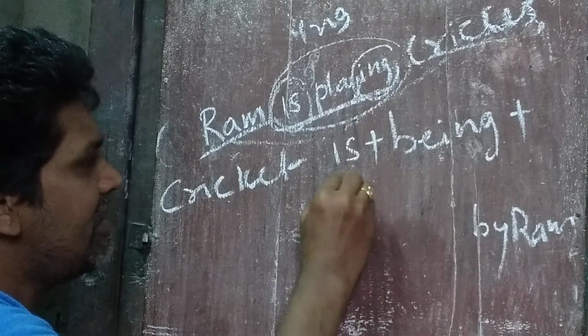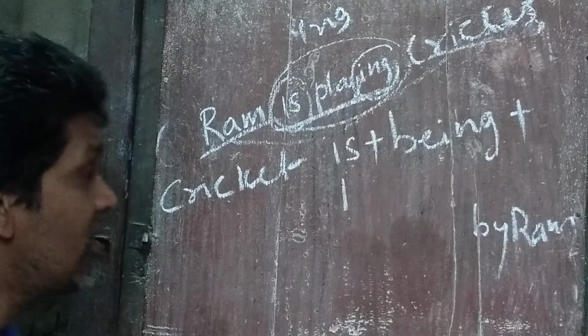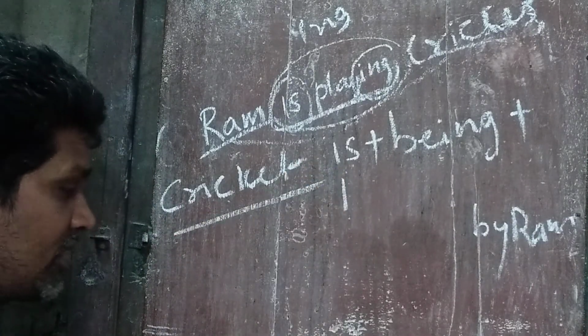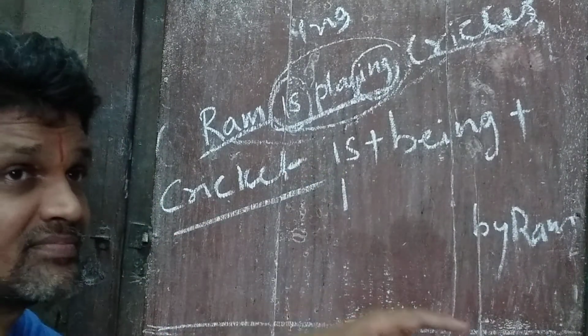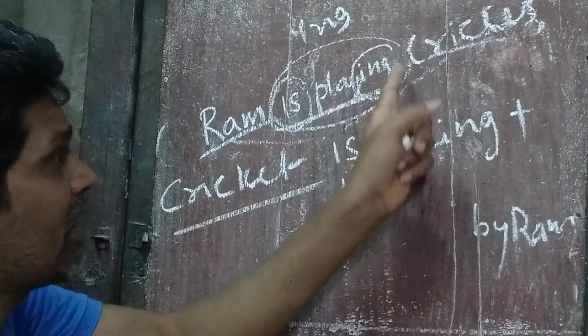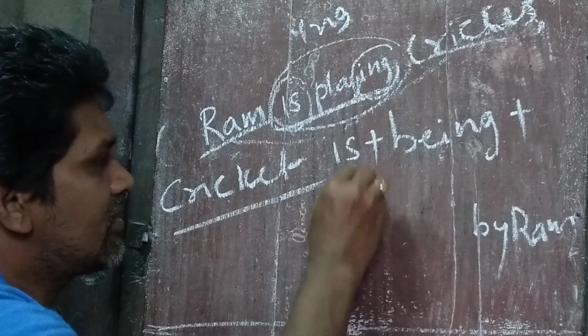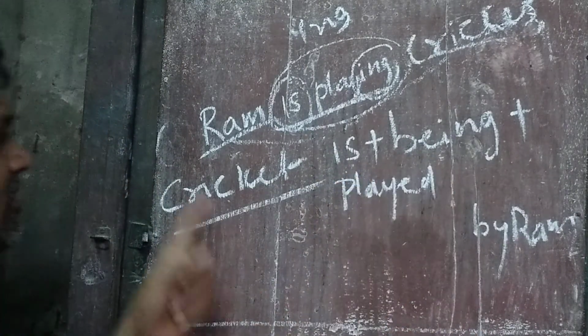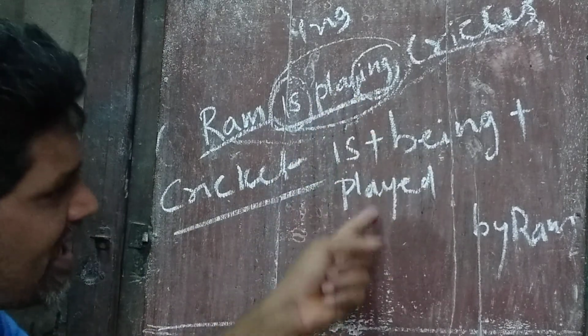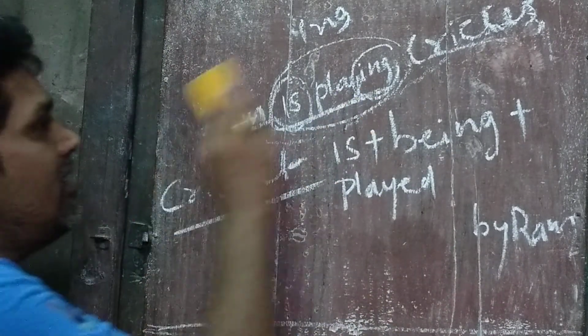Cricket is being, what is the V3 form of play? Play, played, played. Cricket is being played by Ram. Okay, this is the example.